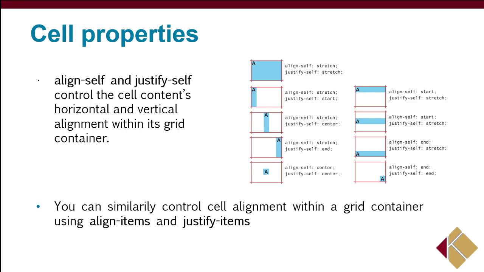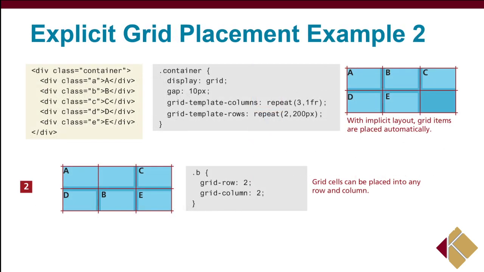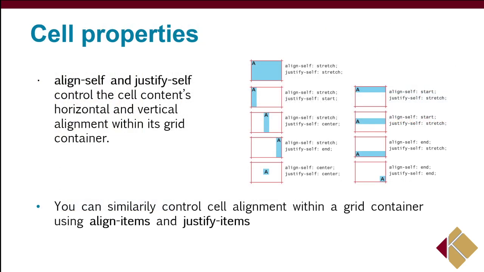Within the grid cell, so within the A, the B, the C, within any of those little blue cells, you can affect how the content of that sits. So remember, align self and justify self. You're using the axes again, so horizontal and vertical placement.